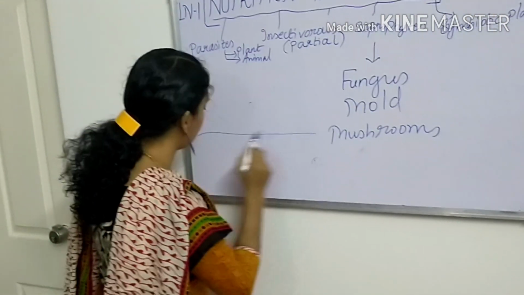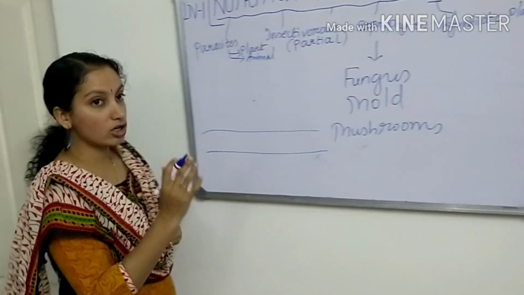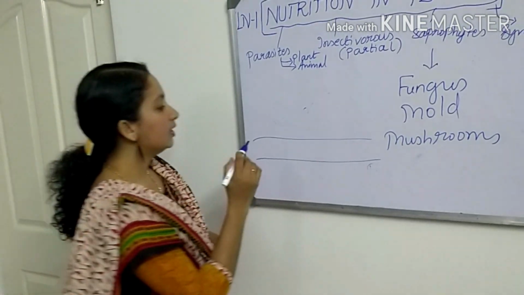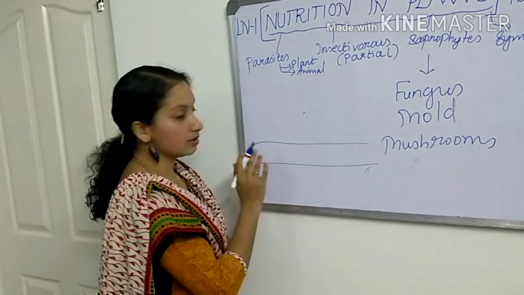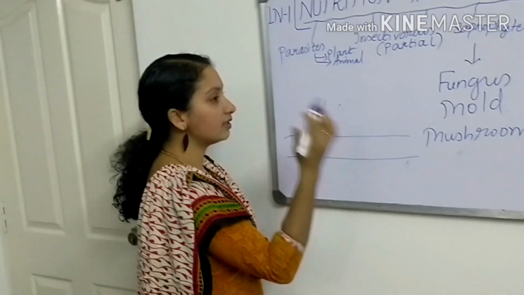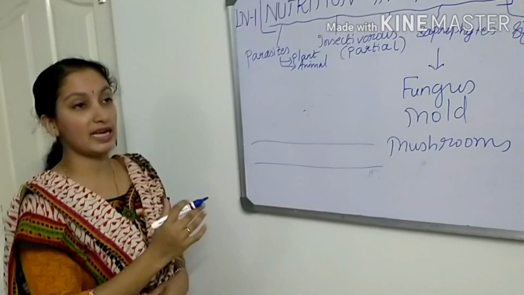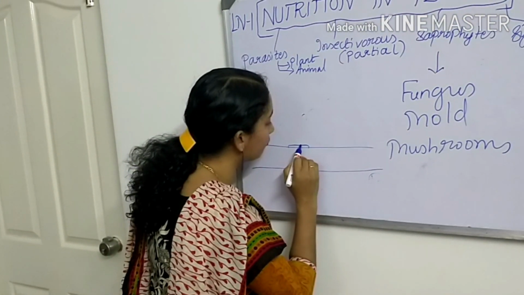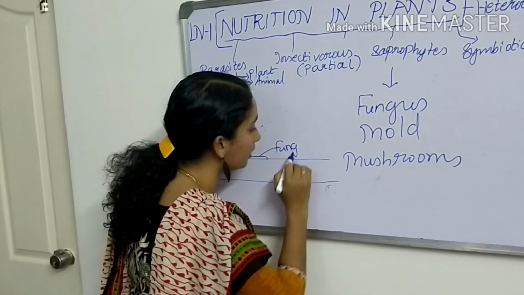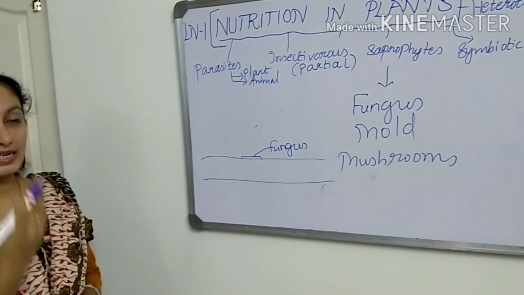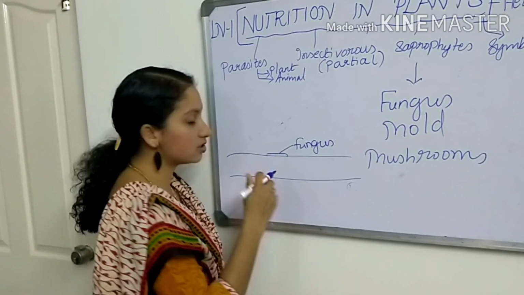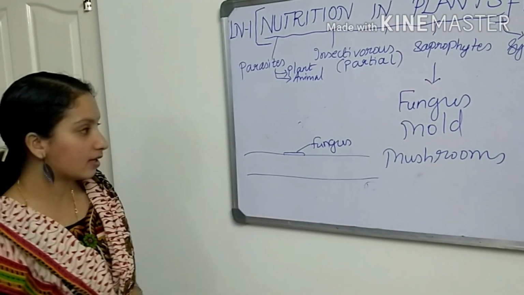So if, for example, there is a log piece, that is the piece of wood which is being cut, once this falls there, the fungus will find its own way to grow on this log piece. Here the fungus started growing. It will release some digestive juice to this site which is going to be decomposed.